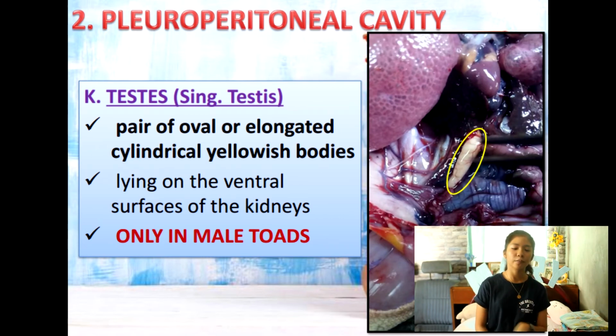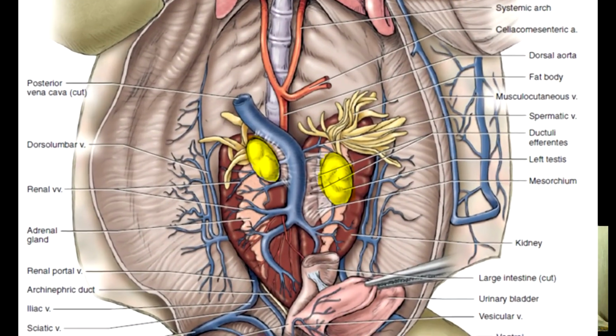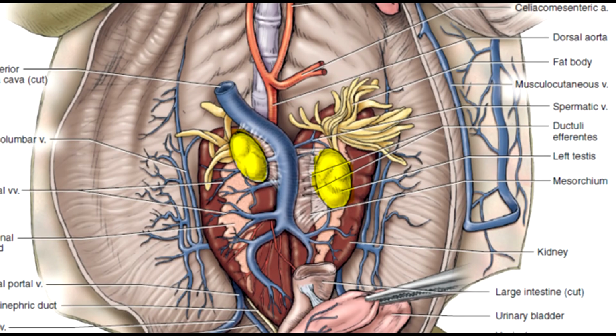It is a pair of oval or elongated cylindrical yellowish organs in the frog, lying on the ventral surface of the kidneys, beside the kidneys. Okay, so that is our internal body parts, body organs.